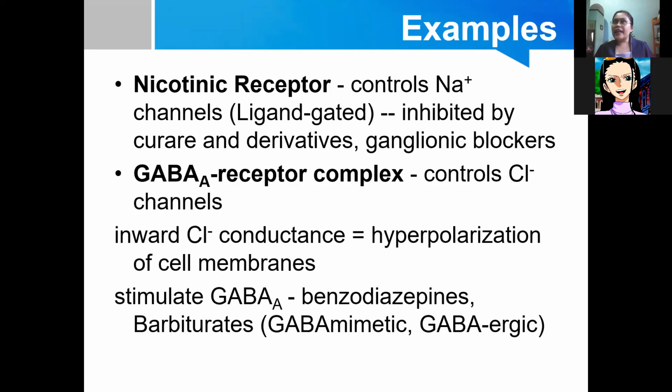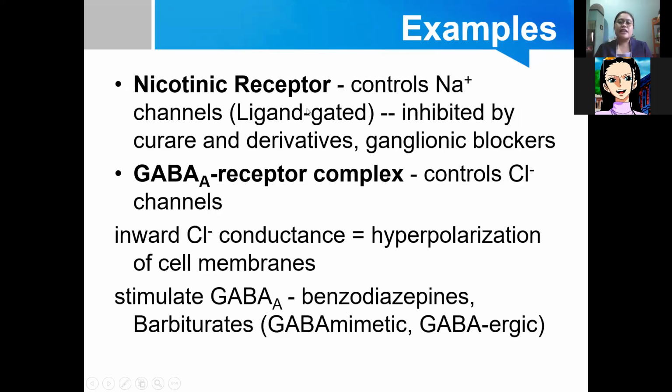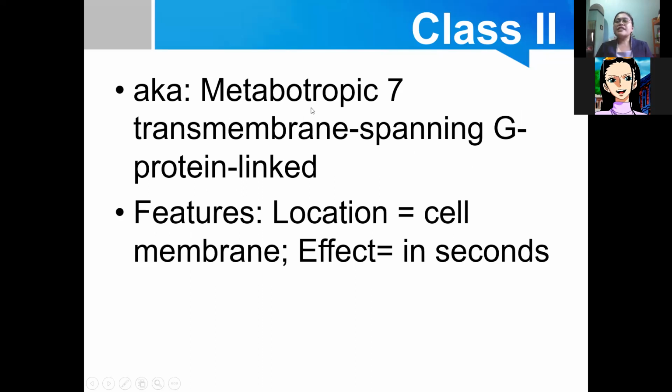And consequently, the functions of the cell will be depressed or mag-slow down siya. So that is what class 1 receptor is like. Dapat na ay ion channels na involved. However, sa class 2 receptors, ang involved naman here are G proteins.